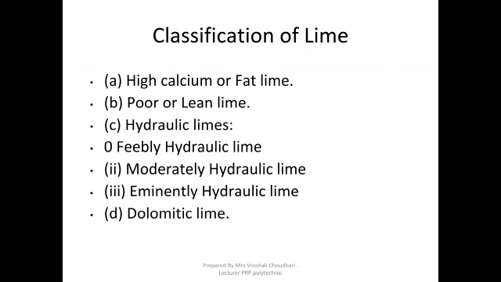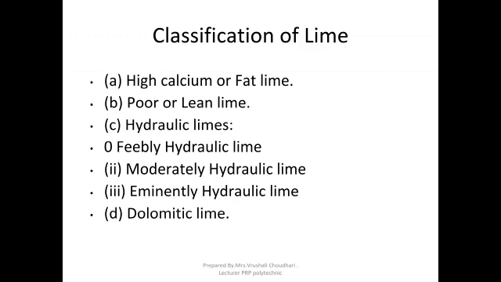High calcium or fat lime. What is the meaning of that? It contains the maximum amount, that is 90 to 95%, of calcium oxide and a very small quantity of impurities. That is called high calcium lime or fat lime.